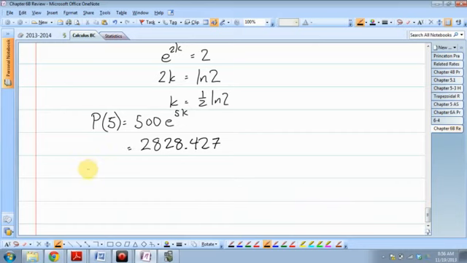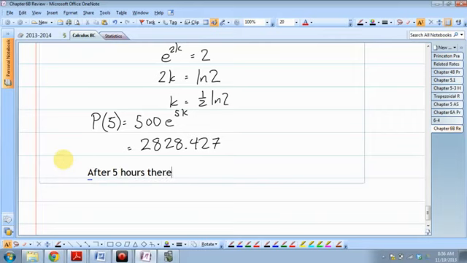Okay, so 5 hours. That's really ugly. After 5 hours, there are 2,828 bacteria present.